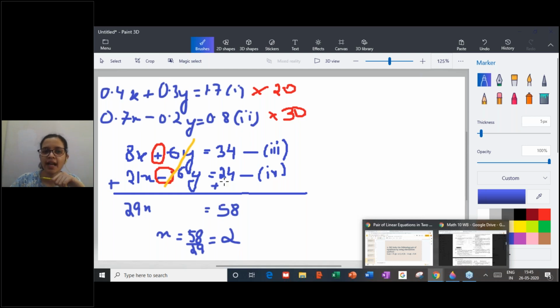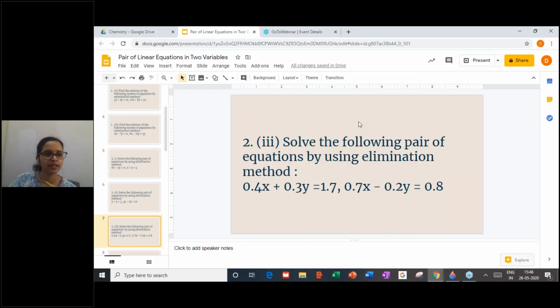Based on the sign, you either add or subtract, and then you get an equation in terms of one variable, the one you did not eliminate. When you solve that, you get the answer for that variable, and then substitute in any equation to get the value of the one you eliminated.